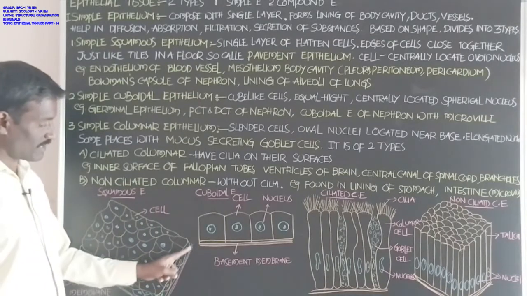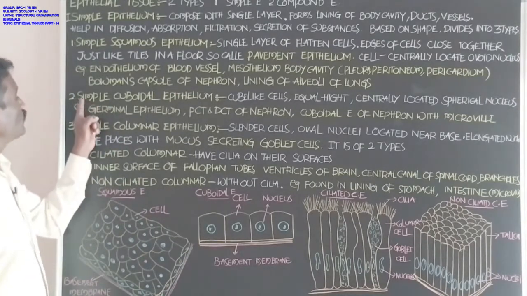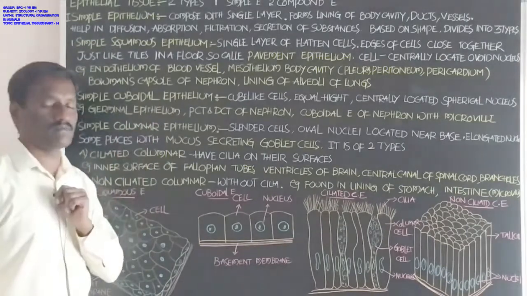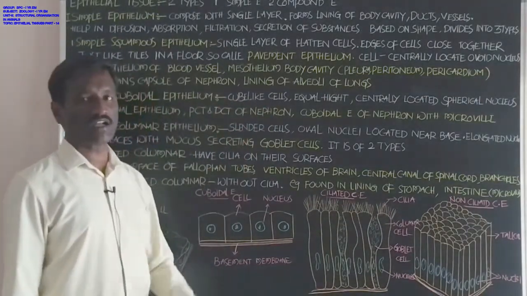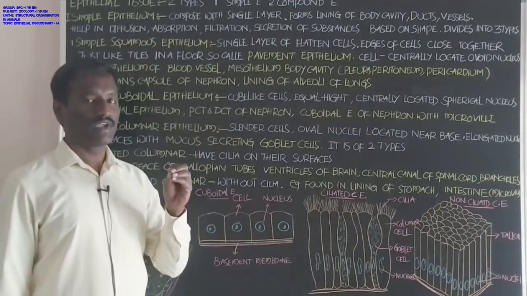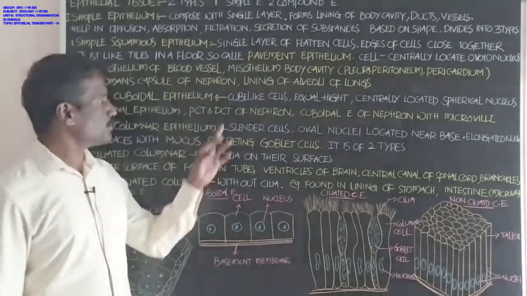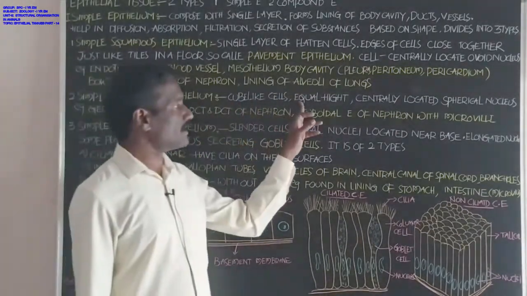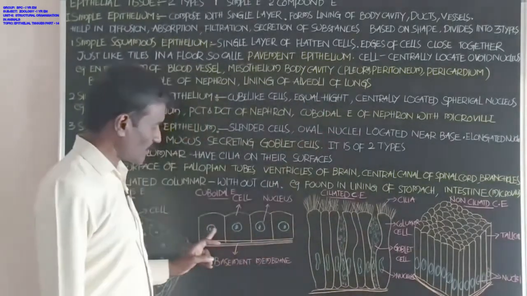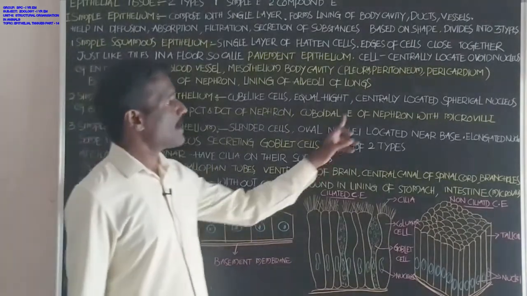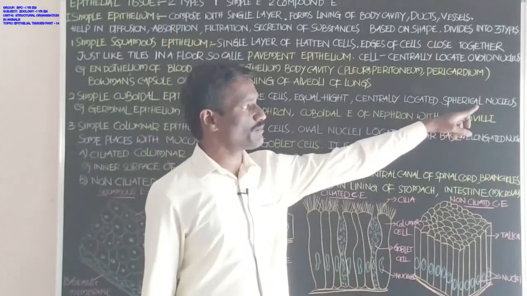Next, students, simple cuboidal epithelium, the second one. The cells are cube-shaped, cube-like cells of equal height, with a centrally located spherical nucleus.